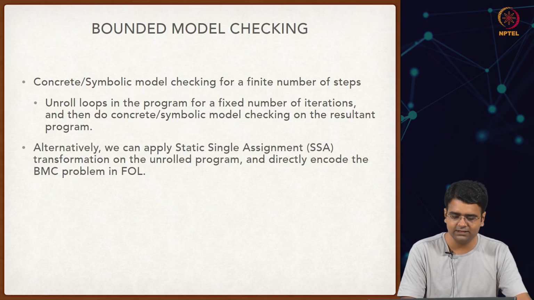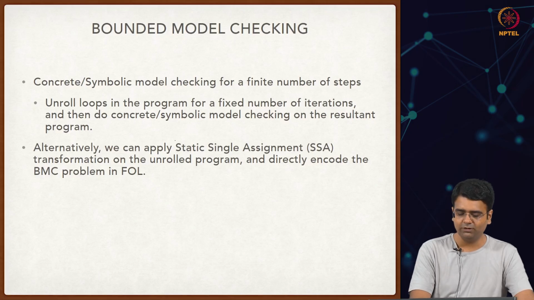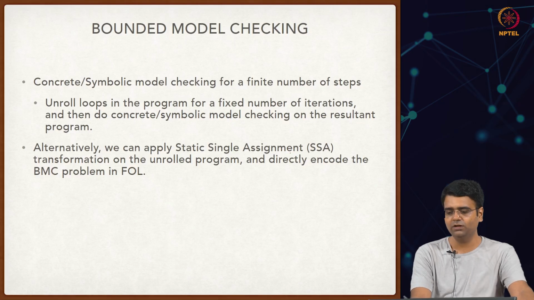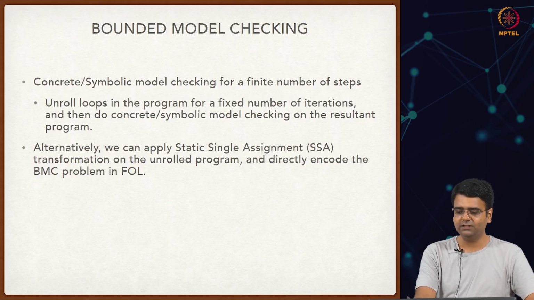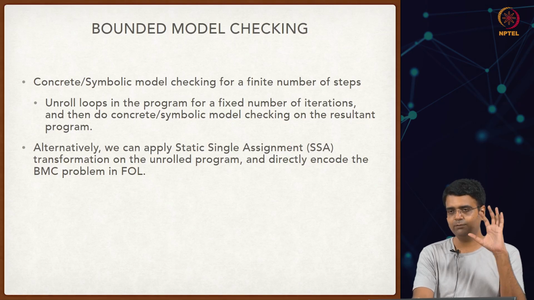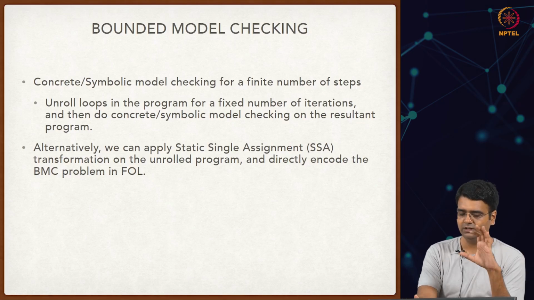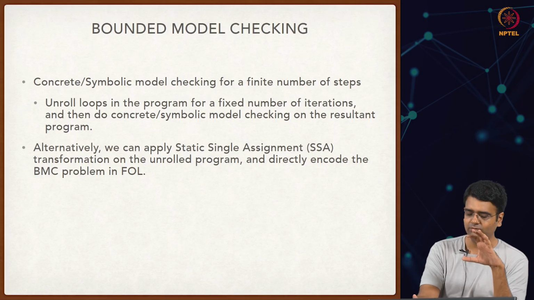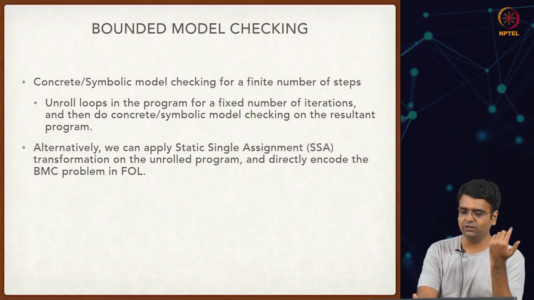Another way is to apply what we call a static single assignment transformation. This is something that we saw way back when we looked at the Microsoft Zune example, where we had a program with loops which we unrolled, and then once you unroll the program, instead of running the concrete or the symbolic model checking algorithm that we saw on the previous slides, you can directly encode that program in first order logic.